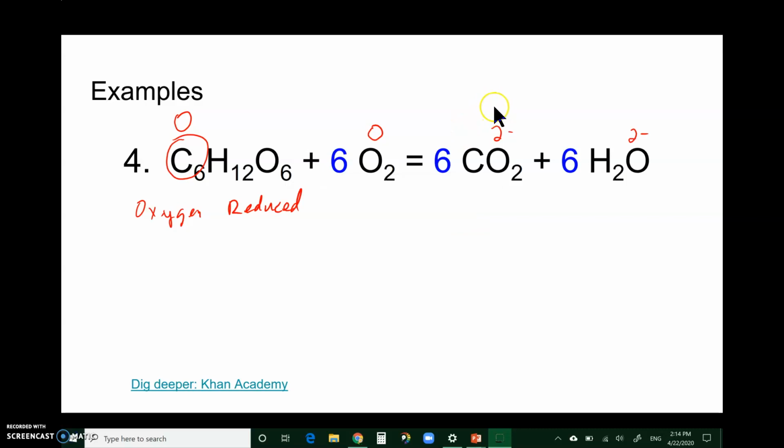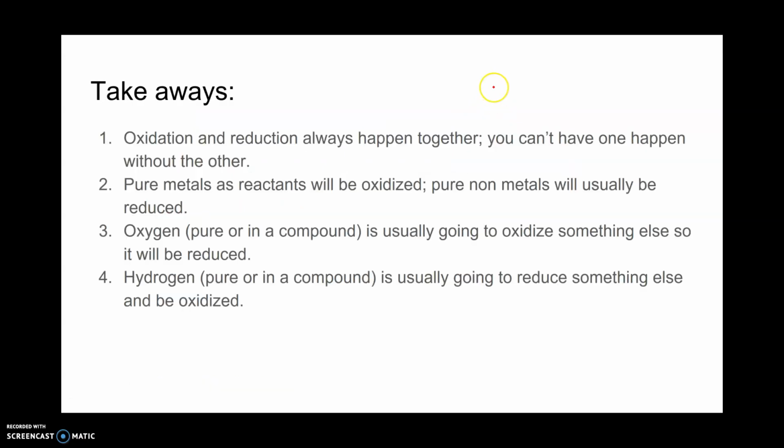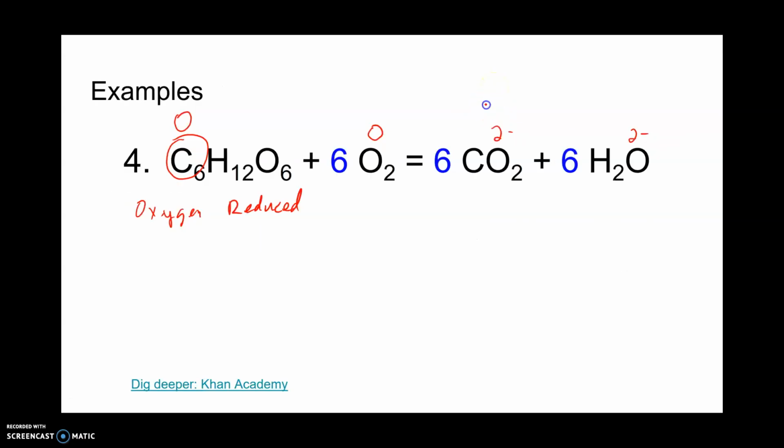How did I get 4+? Well, I have 2 times 2- for the oxygen in the CO2, which is 4-, so the carbon must be 4+. So carbon is going from 0 to 4+, so it's been oxidized.